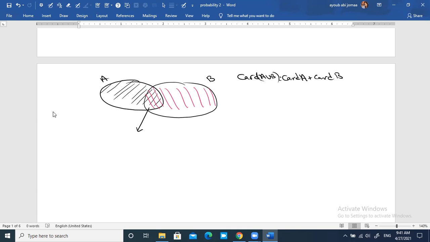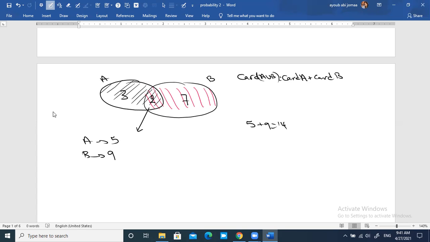Okay? For example, let's take some numbers. Suppose here we have 2 elements, here we have 3 elements, and here we have 7 elements. So in A we have 3, 2, 5. In B we have 7 and 2, 9. Okay? If you say cardinal of A plus cardinal of B, you'll get 5 plus 9 which is 14.